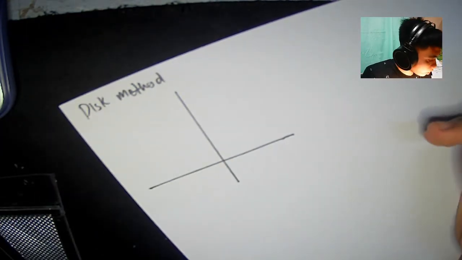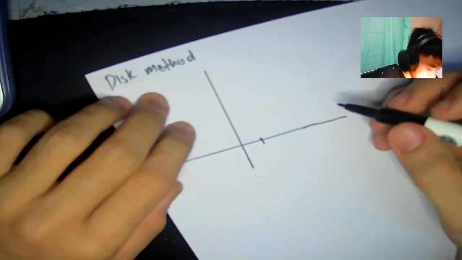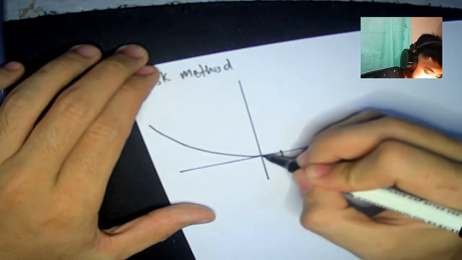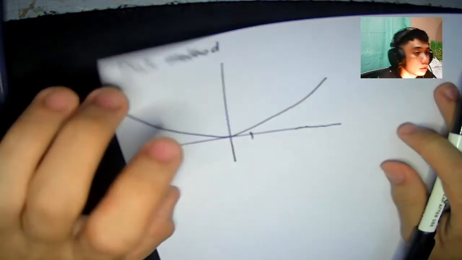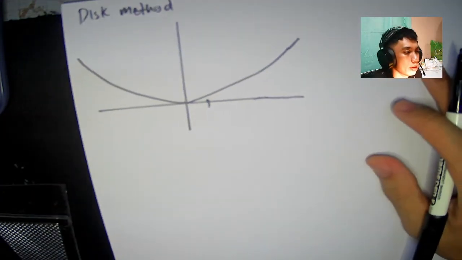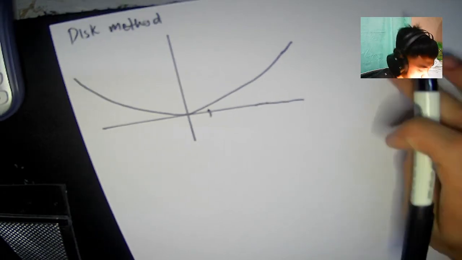We'll have a parabola from 0. I'm sorry for my drawing skills. I'm not good at drawing, I'm just good at painting.